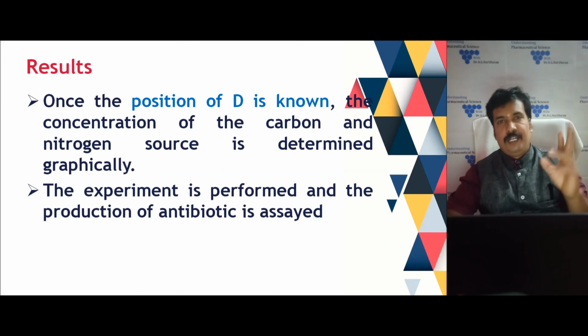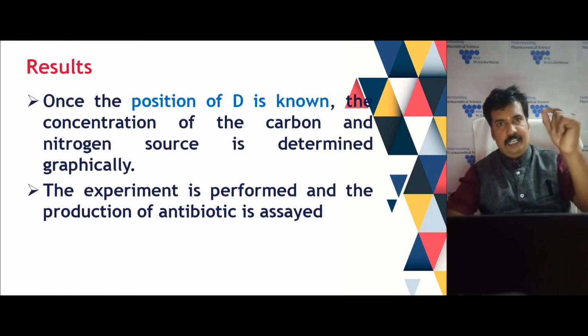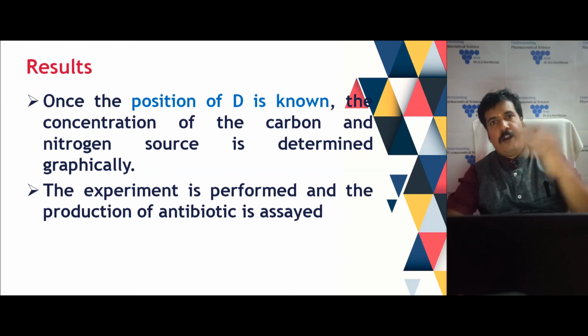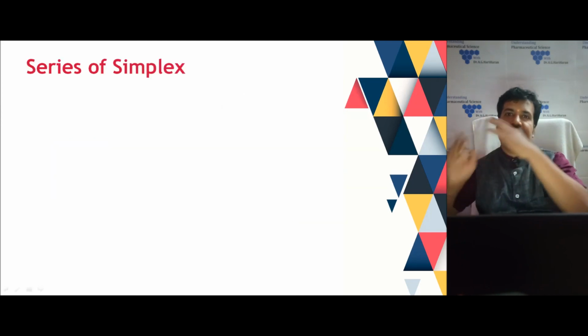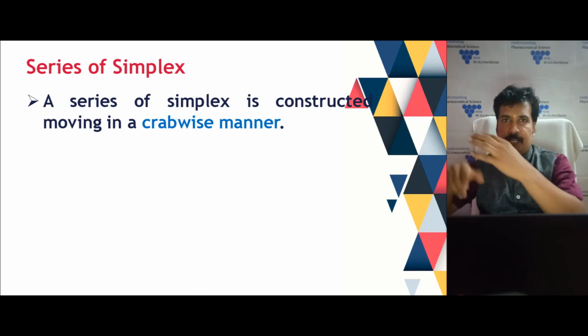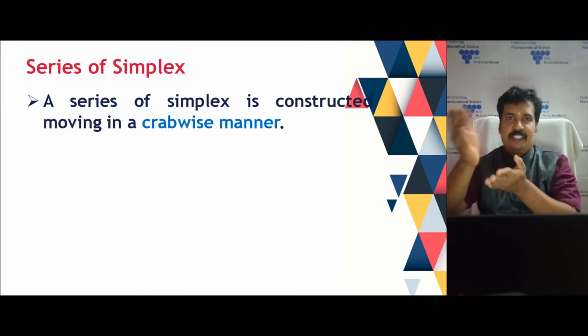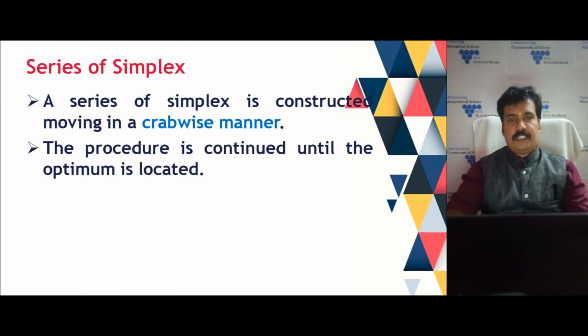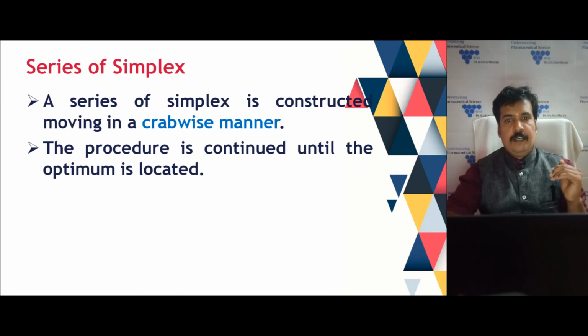If one point is worst, consider B is worst, then through the CD line a centroid will be drawn and a reflection E will be created as a triangle. So this will form a series of simplexes. This series of simplexes is constructed in a crab-like manner, one triangle to the next, and the next.